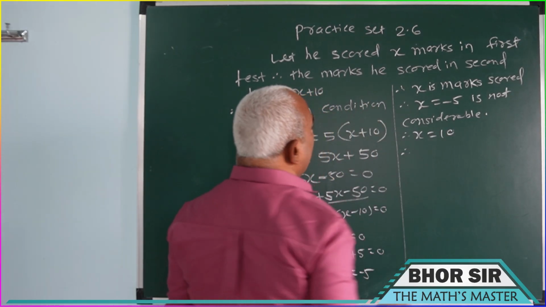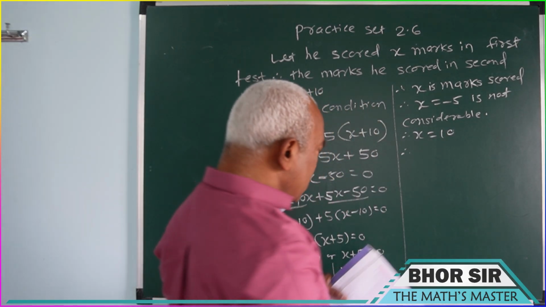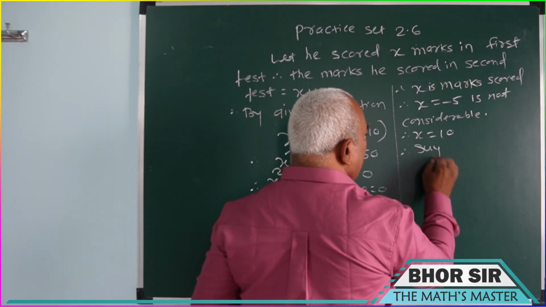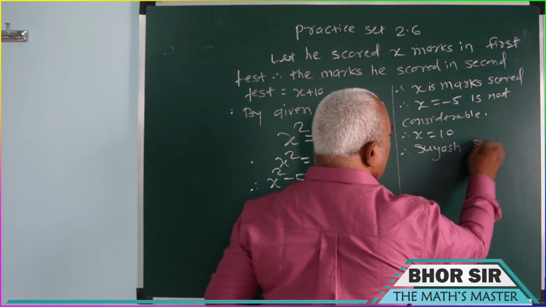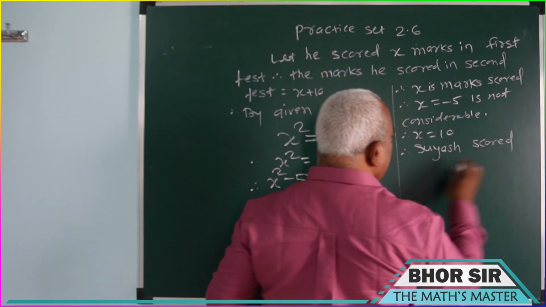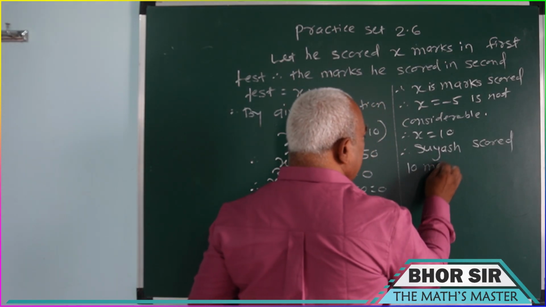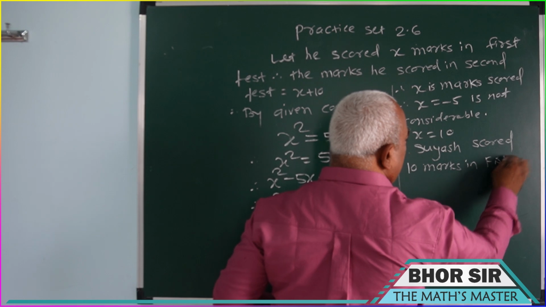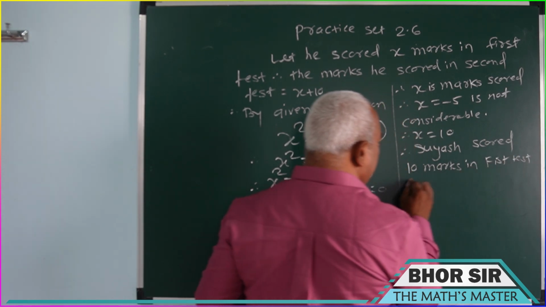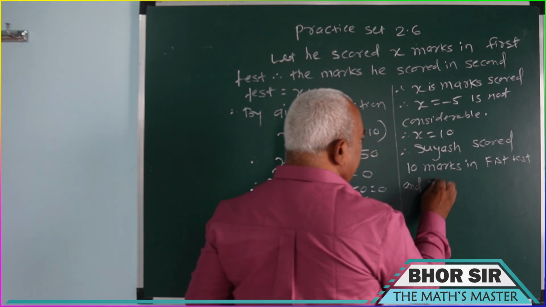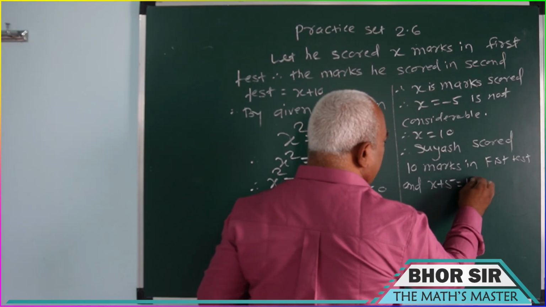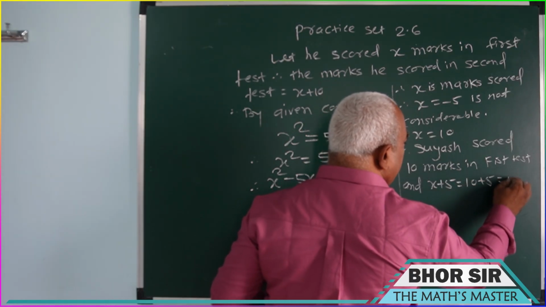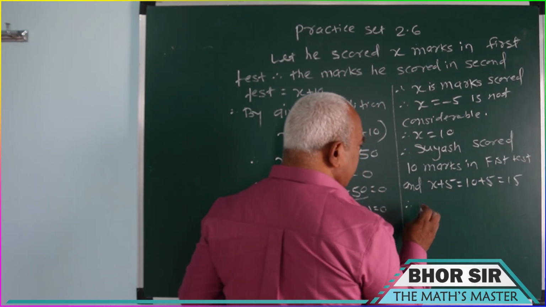Therefore, which boy's name? Suyash. Suyash scored 10 marks in the first test. And x plus 5 means 10 plus 5 is equal to 15.